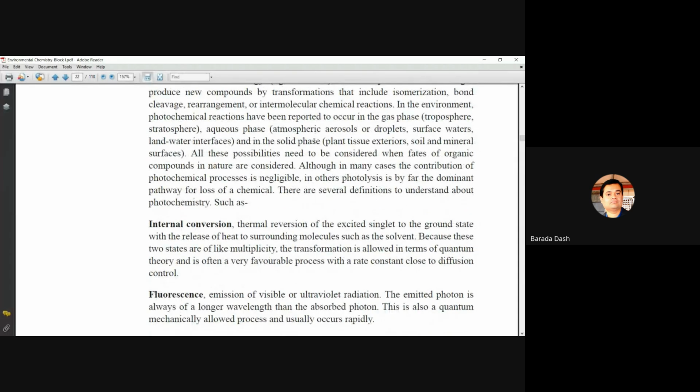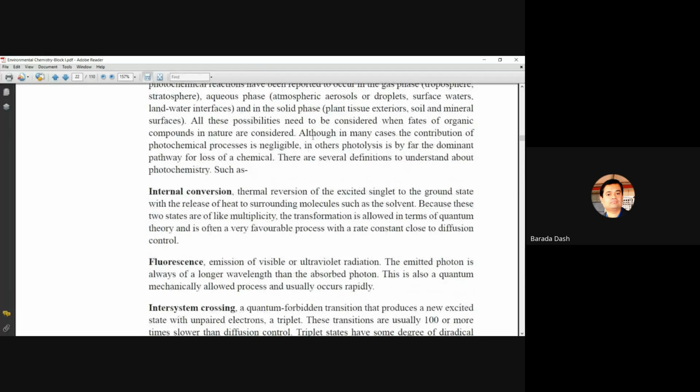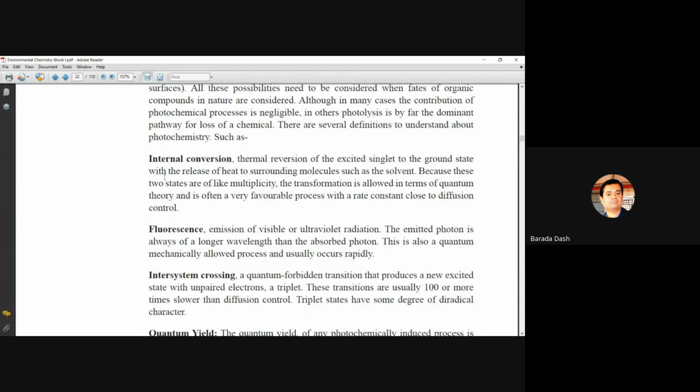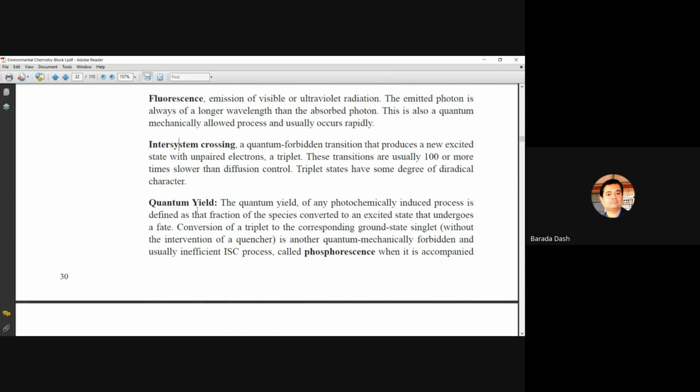In photochemistry, you have many processes that involve the absorption of energy, for example internal conversion, fluorescence, and intersystem crossing. Another important thing is quantum yield. What is quantum yield? The quantum yield of any photochemically induced process is defined as the fraction of the species converted to an excited state that undergoes a particular fate.